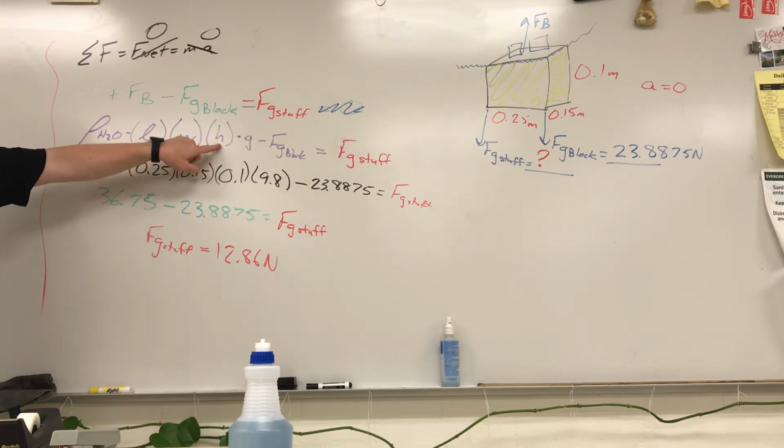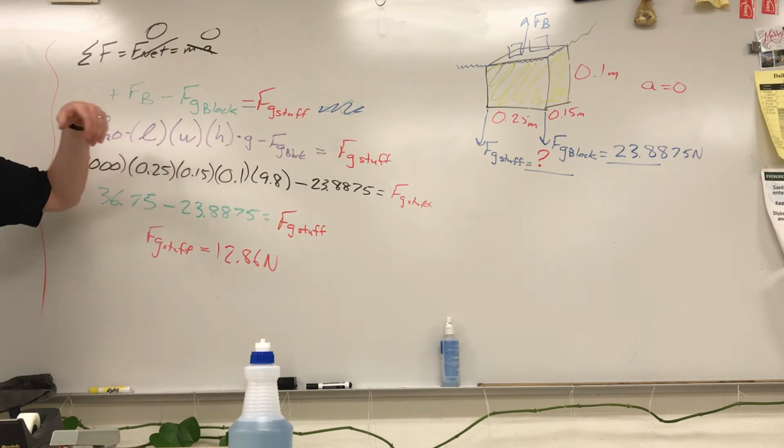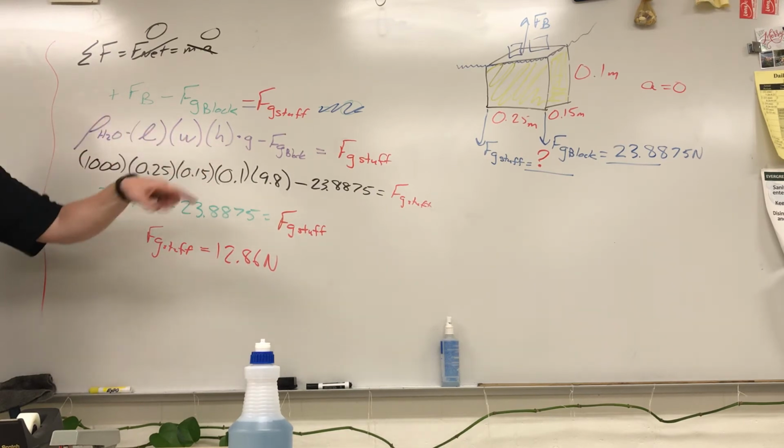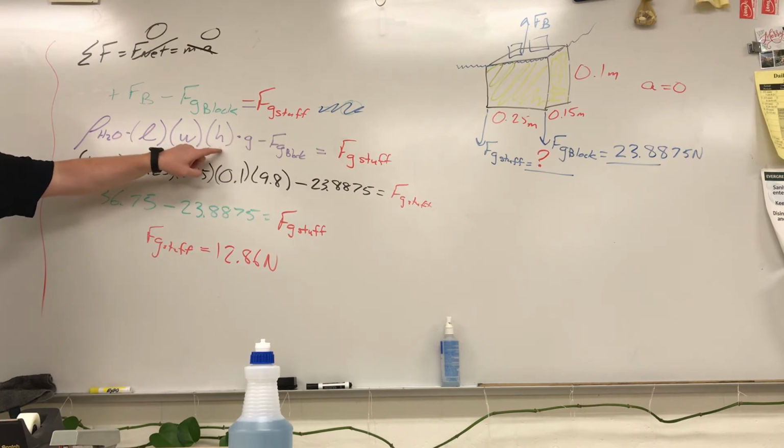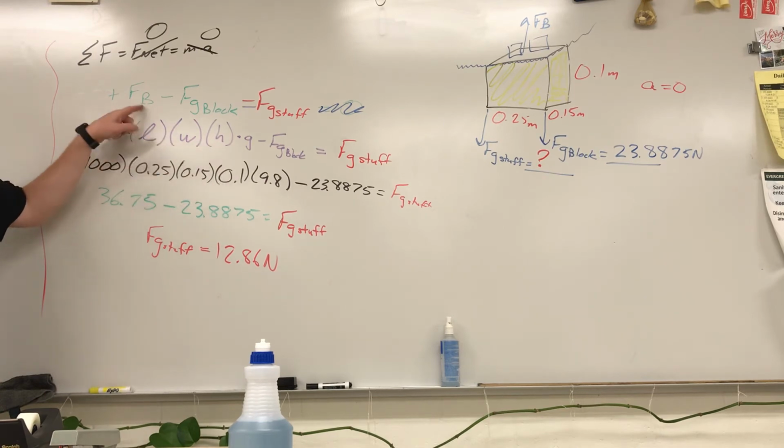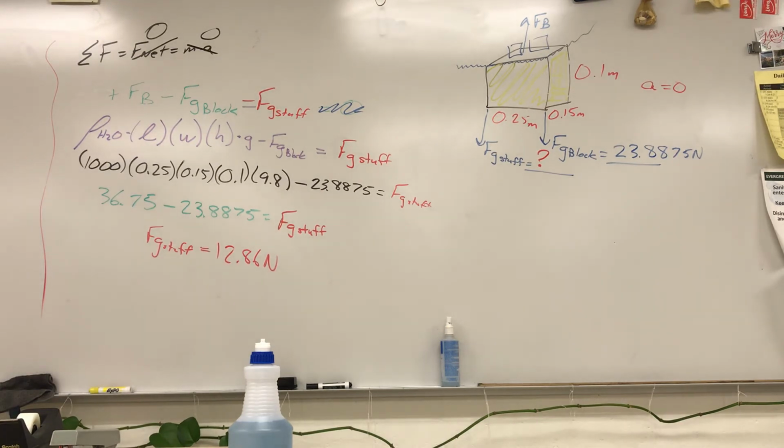If you're only ankle deep in the water, you're going to have a certain buoyant force. But if you become waist deep, this number becomes bigger, which means your buoyant force becomes bigger. If you're chin deep, your h is bigger, therefore your buoyant force is bigger. The deeper you go, the more of you is in the water, the bigger the buoyant force.